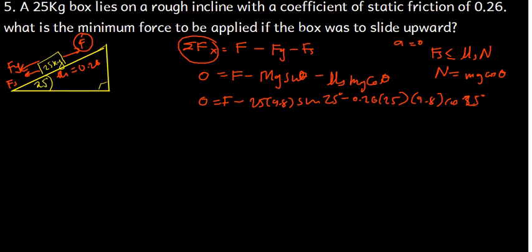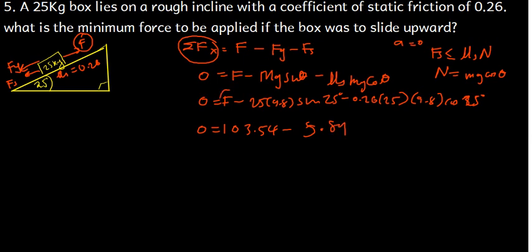Okay, so this will give us 0 is equal to F minus 25 multiplied by 9.8 multiplied by sine 25, that is giving a value of 103.54, then minus 0.26 multiplied by 25 multiplied by cos 25, I'm finding a value of 5.89.